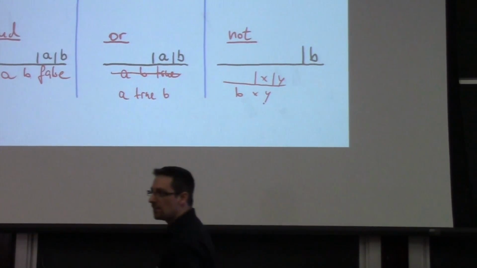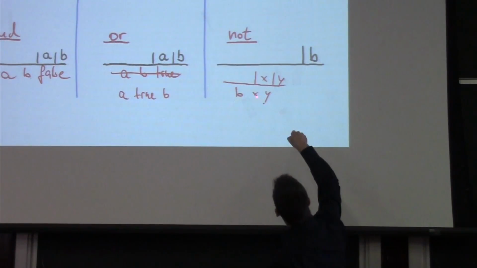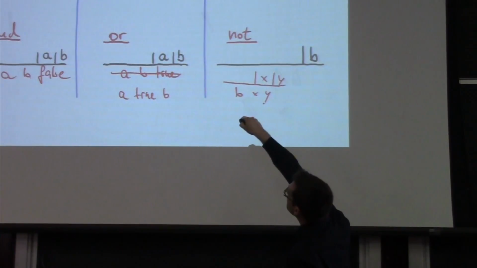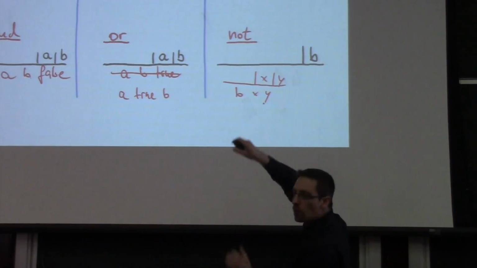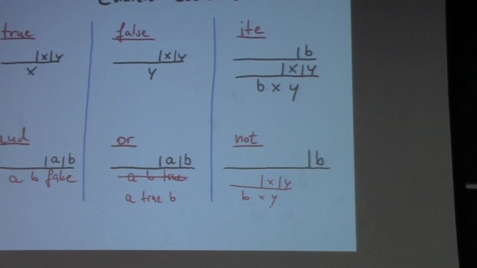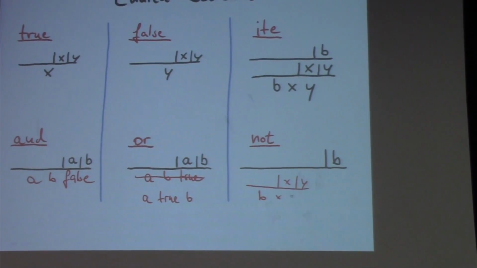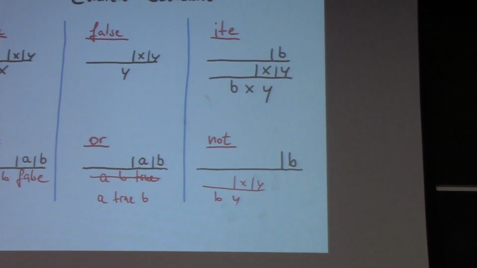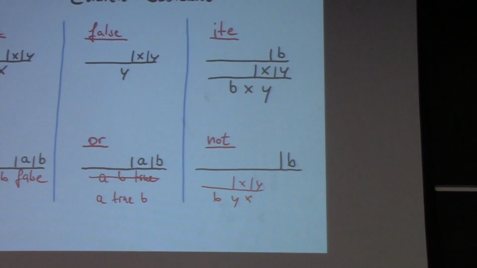Any idea what I need to change? You have an idea? Exactly. So if you can see, if I switch these two around, then I get exactly the effect of swapping true and false. So let me write down Y and X here.